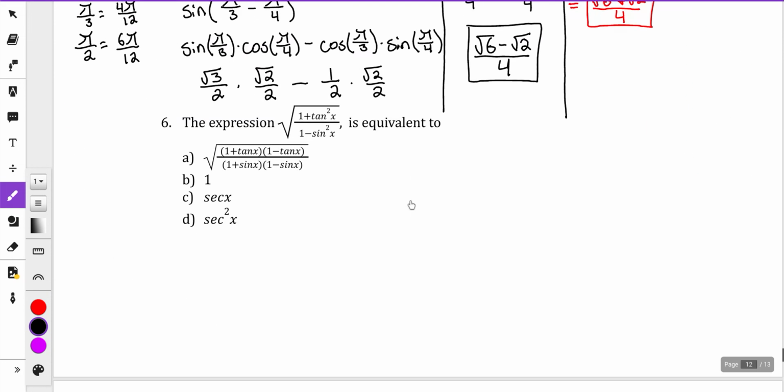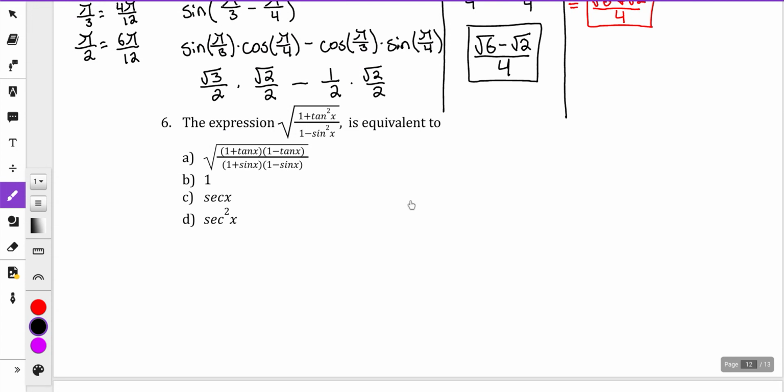All right, number 6. The expression they give us, that big mess, is equivalent to... I actually thought about deleting this one because I don't know if I like it that much. But then I think it reviews a couple of things that are worth reviewing. We've got the square root of something.